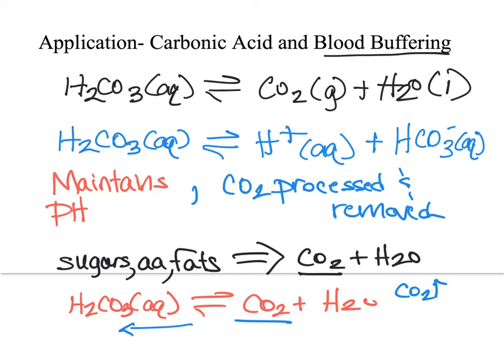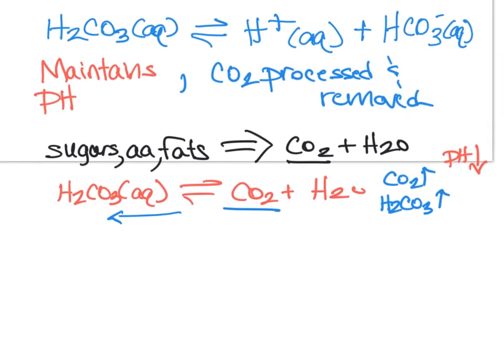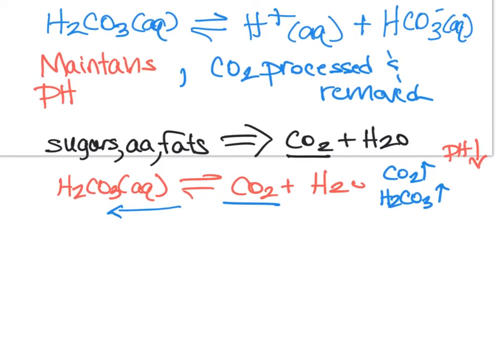And so H2CO3 will also increase. Ultimately, and we'll talk more about the reason for this, pH will decrease. So at some point, that carbon dioxide has to be removed.